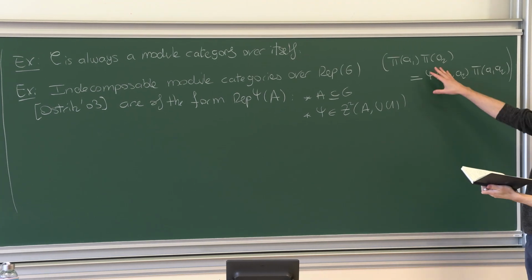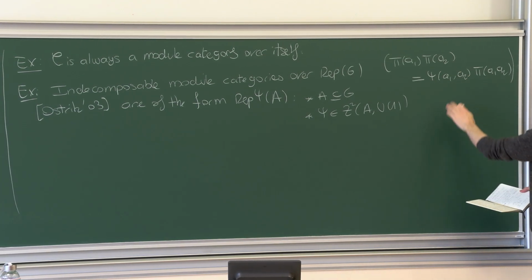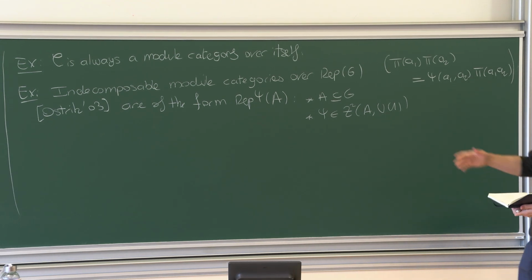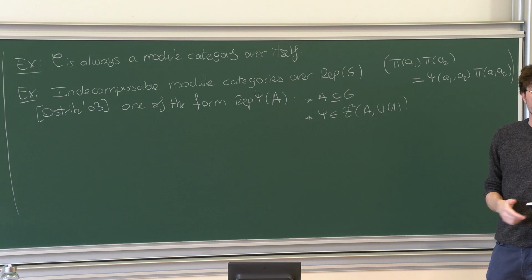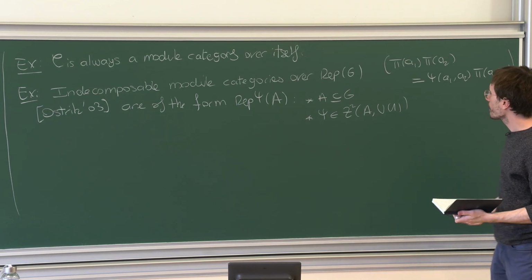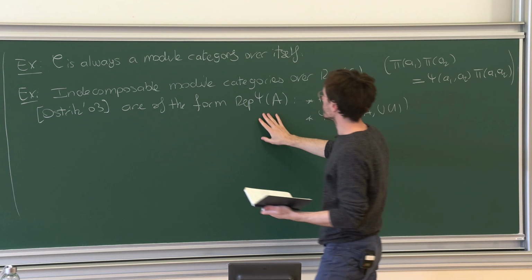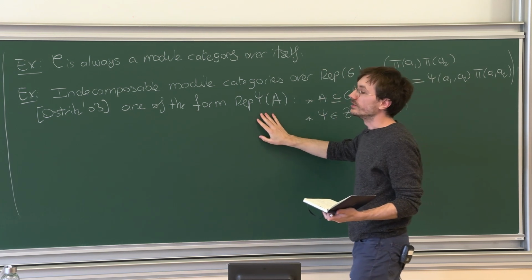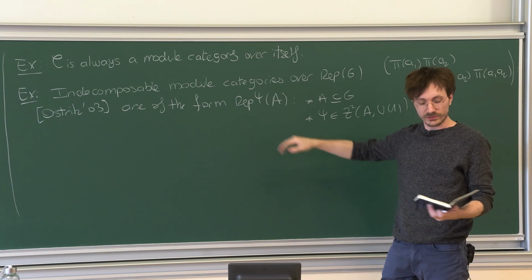A projective representation preserves the multiplication, but up to a phase, which is given by this cocycle over here, right? The cocycle condition ensures that it remains associative. Okay, so how does it work? I'm just telling you that the objects in M are going to be of this form. They are going to be projective representations of some subgroup.